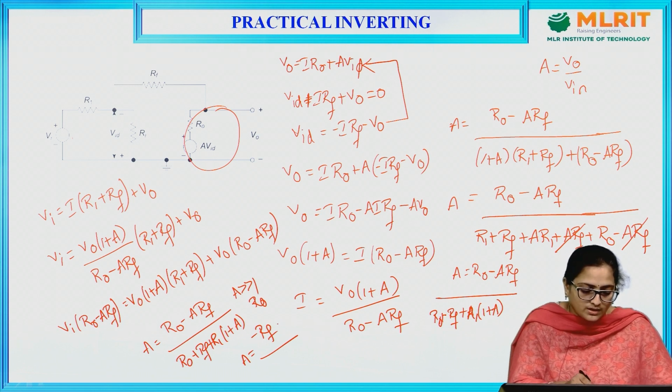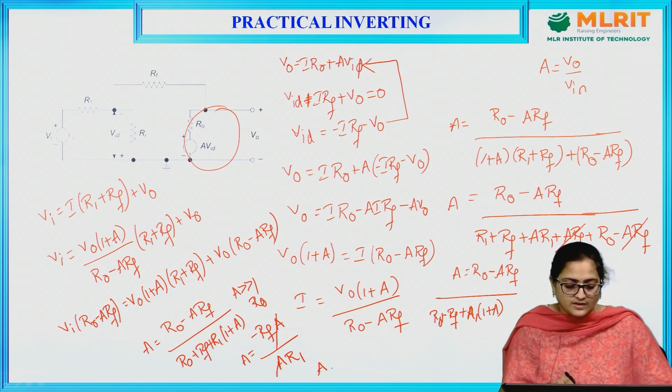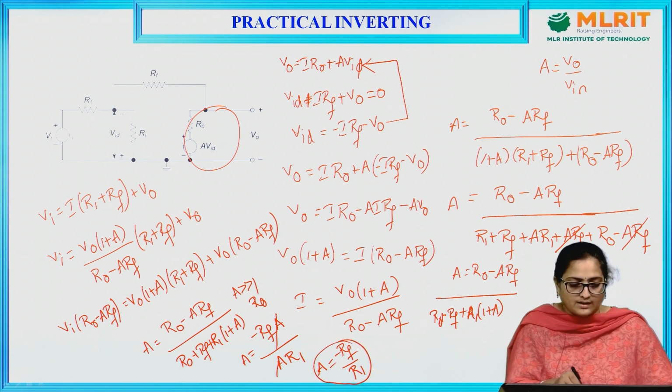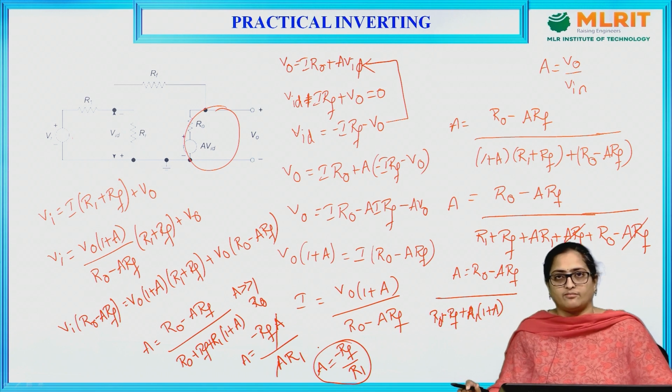So here A into minus RF, and in the denominator part you can write A into R1, and this A gain cancels out, and your A, that is gain, can be approximated to minus RF by R1. So the gain of a practical inverting amplifier is given as minus RF by R1.